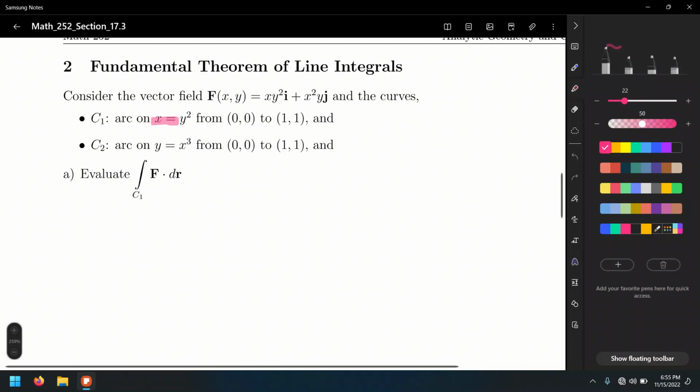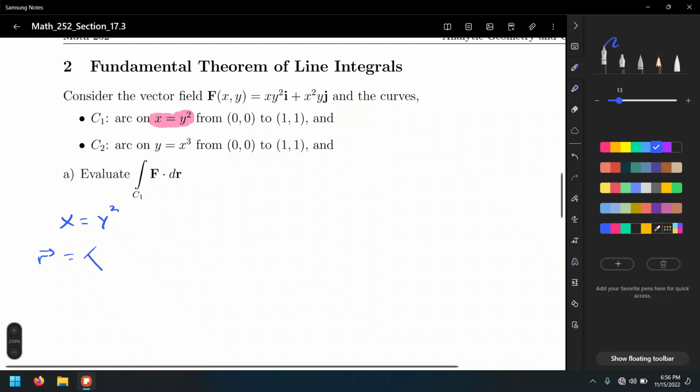For the first arc, which is along x equals y squared, let's write it down again: x equals y squared. In this case, notice we have a function of y, not a function of x. This time it is x that depends on y. Recall that one of the easiest ways to parameterize a curve is to let the independent variable be t.